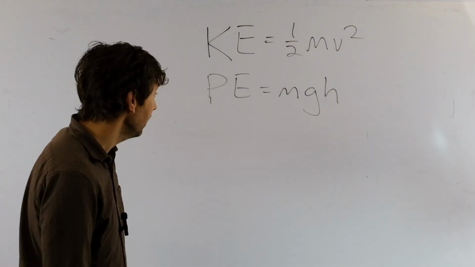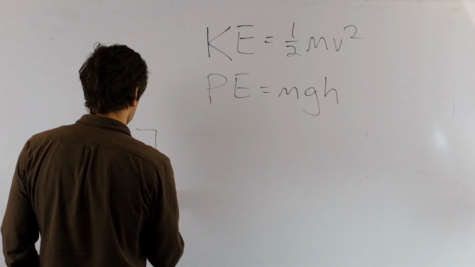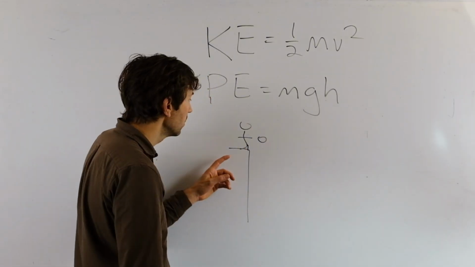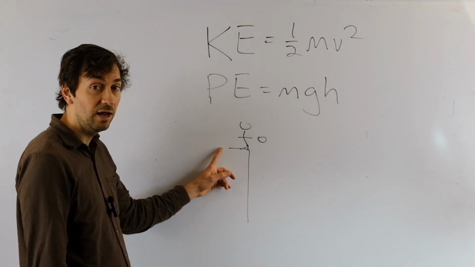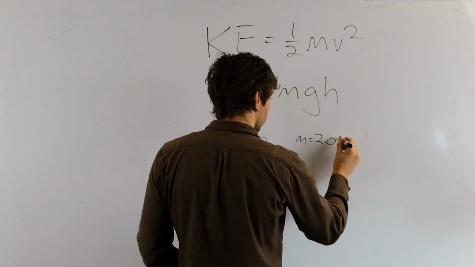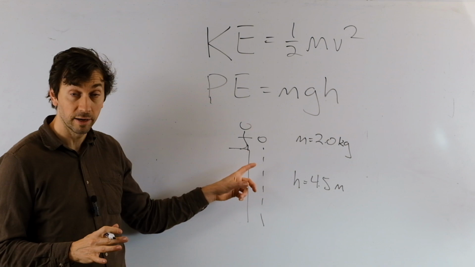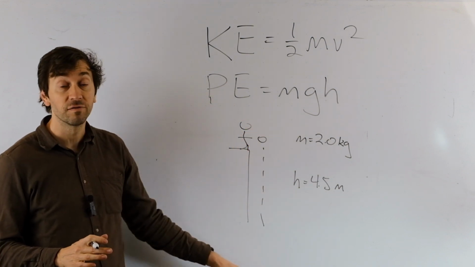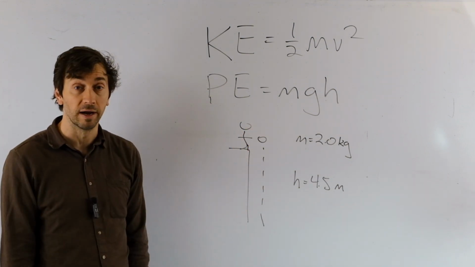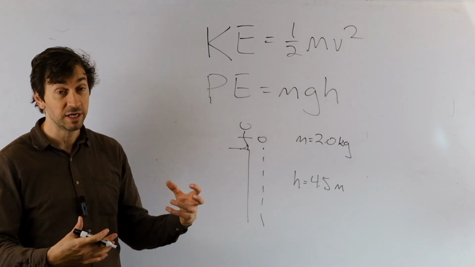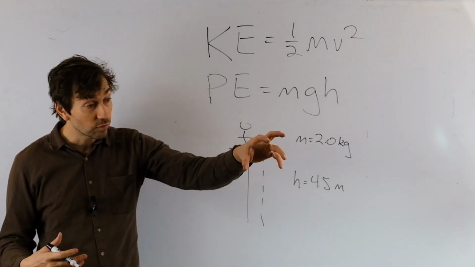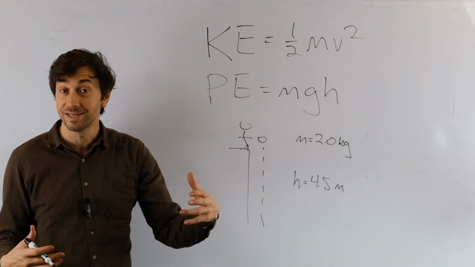So we can calculate that. Let's imagine there's a guy holding a ball. So he's holding a ball of mass 2 kilograms and it's at a height of 4.5 meters above the ground. So those are the numbers. So he's just holding the ball over a cliff. It could fall. It's not yet falling.